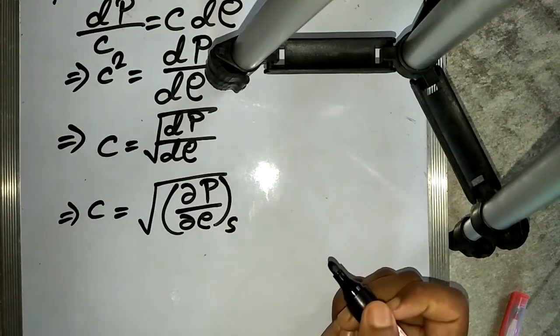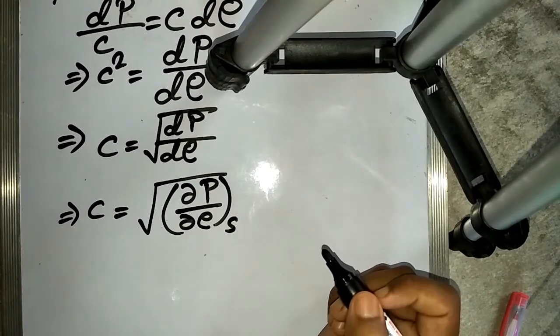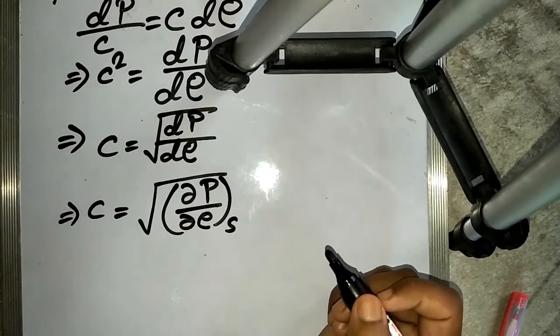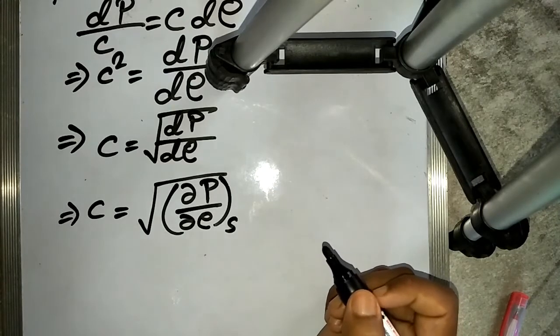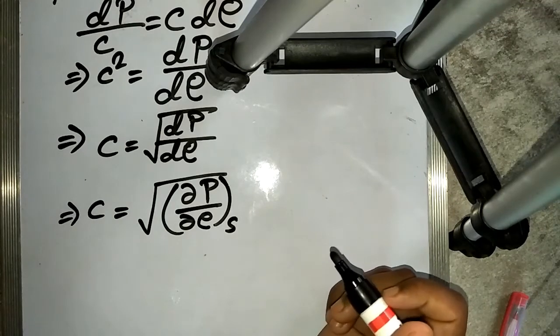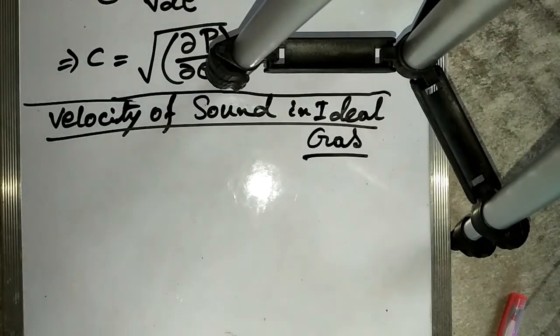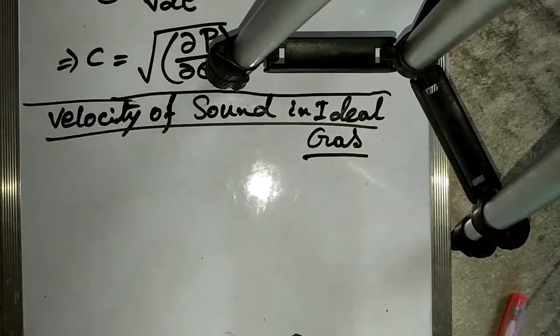We know that no fluid is truly incompressible. Also, liquids show little change in density. The velocity of sound in common liquid is of the order of 1650 meters per second. Now let's find out the velocity of sound in an ideal gas.